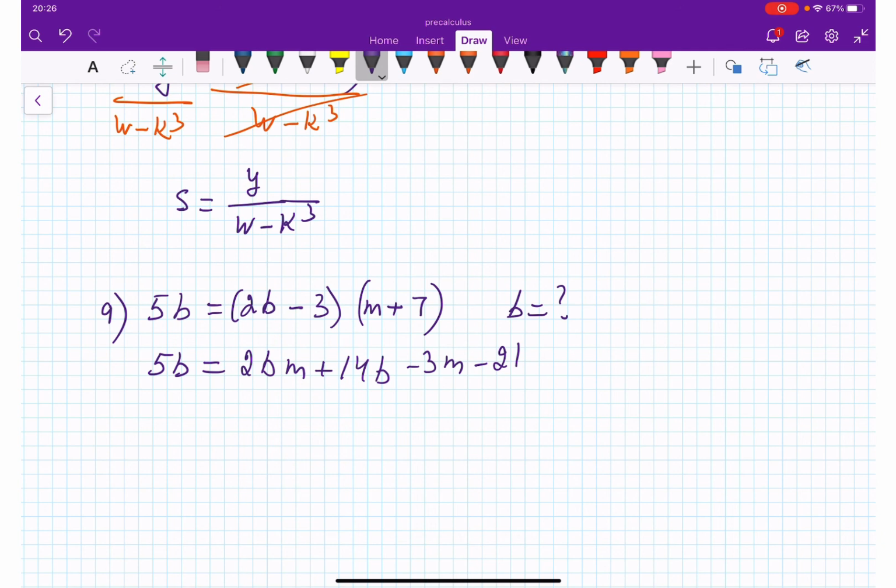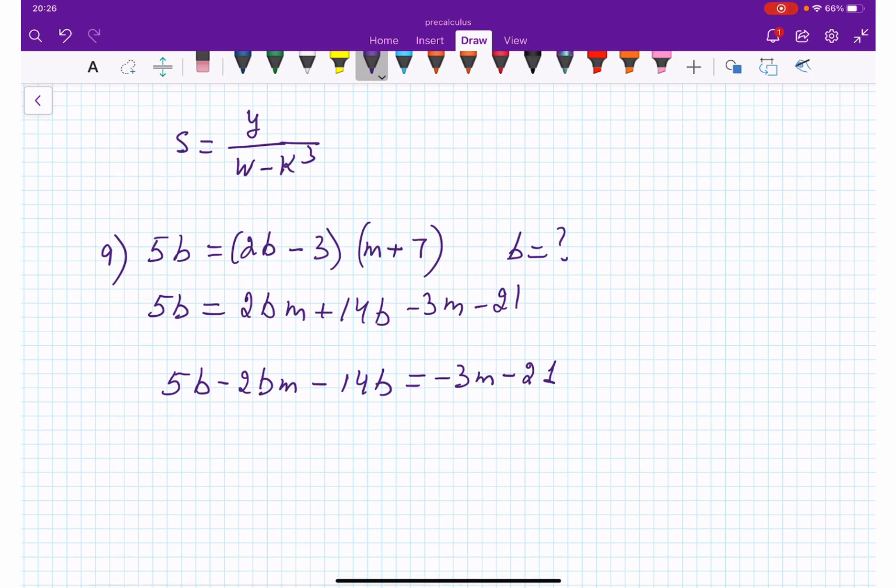Okay, yeah. So I have three terms that have b, this, and this. So I'm moving to one side 5b minus 2bm minus 14b, right? Because I'm moving to the other side of the equal sign, I need to flip that sign. What was positive becomes negative, what was negative becomes positive. And this is equal to negative 3m minus 21.